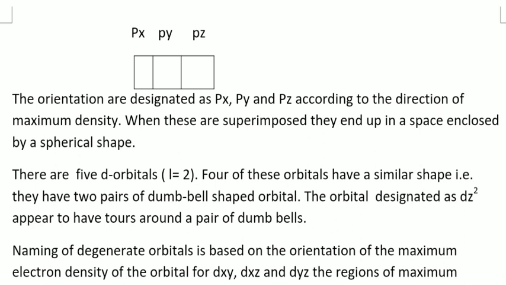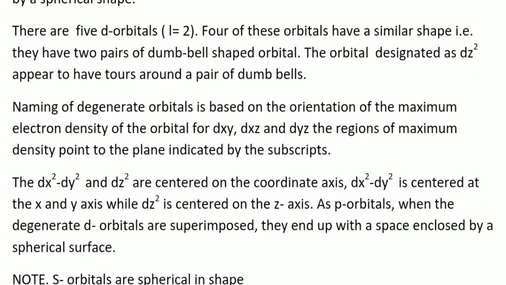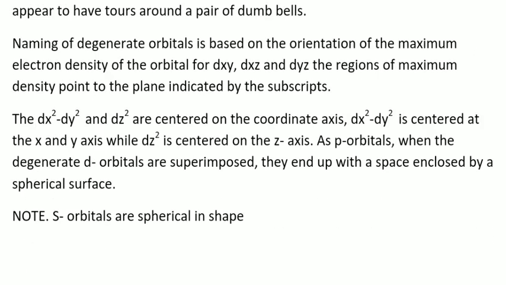Naming of degenerate orbitals is based on the orientation of maximum electron density of the orbital. For dxy, dxz, and dyz, the regions of maximum density point to the plane indicated by the subscripts. So if the region of maximum density of electron is towards x and y, that's why we call it dxy, or dxz means the region of maximum electron density is along x and z, and so on.